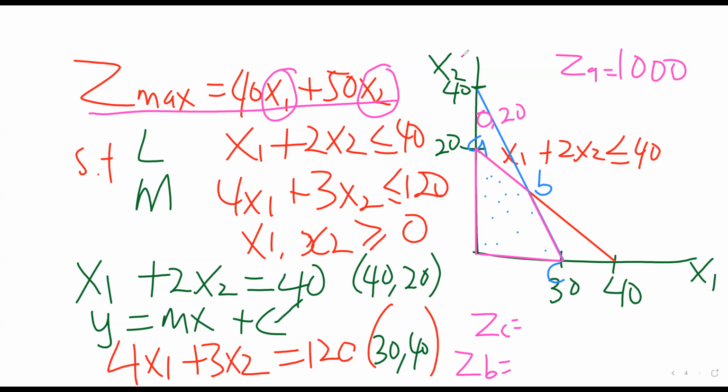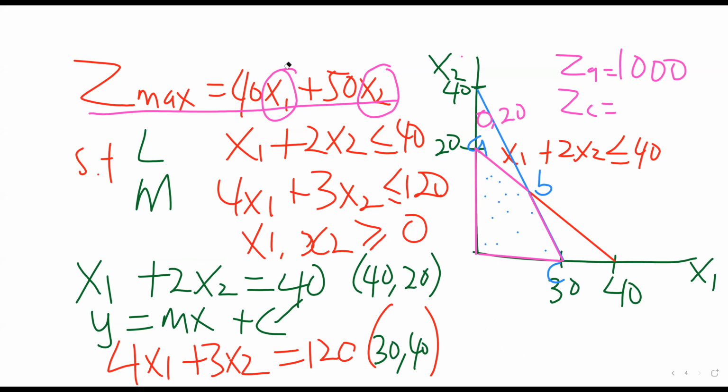Now let's go to C. Z at the point of C, what is the value? Remember that when you check it carefully, the coordinates of C are 30 and 0: 30 for the X1, 0 for the X2.